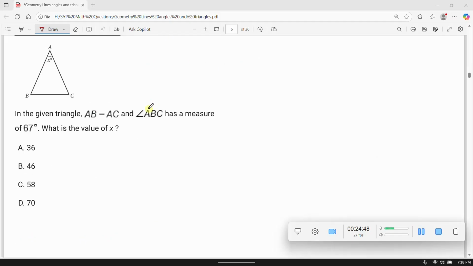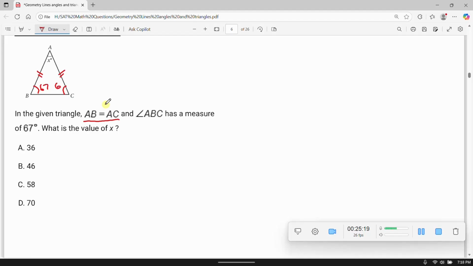So now given triangle ABC, you have the length AB congruent to the length AC. The angle ABC is 67 degrees. What is the angle X? Since we have AB equal to AC, the two sides have the same length. This is an isosceles triangle.